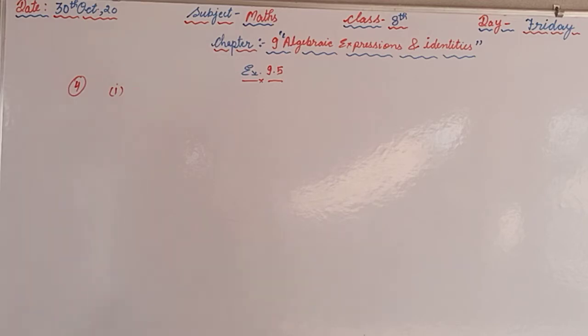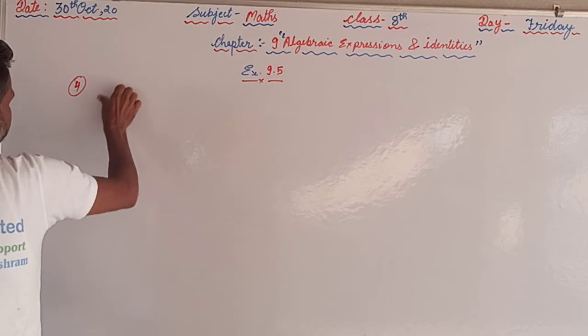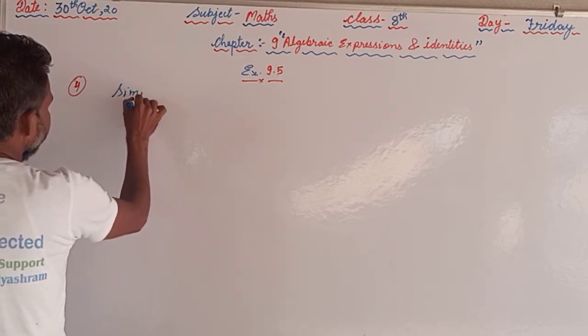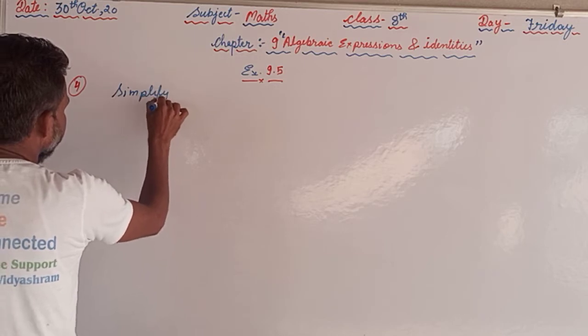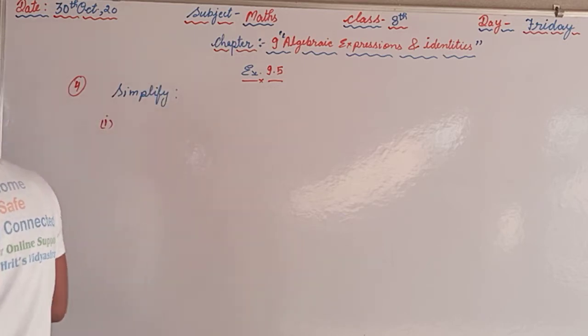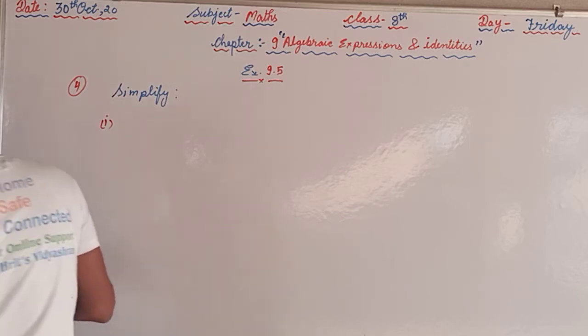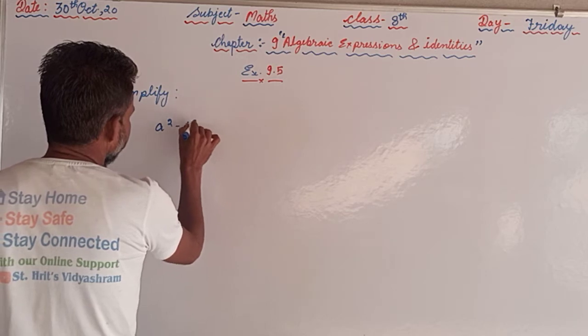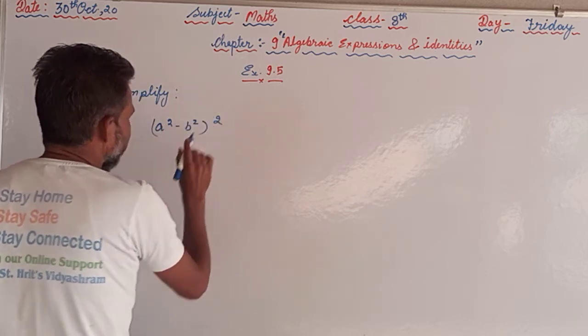In question number 4 we are supposed to simplify the given algebraic expressions, and the first part is (a square minus b square) whole square.